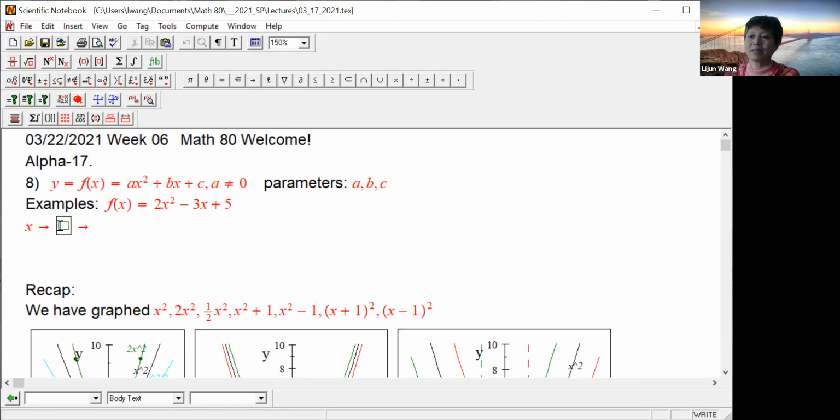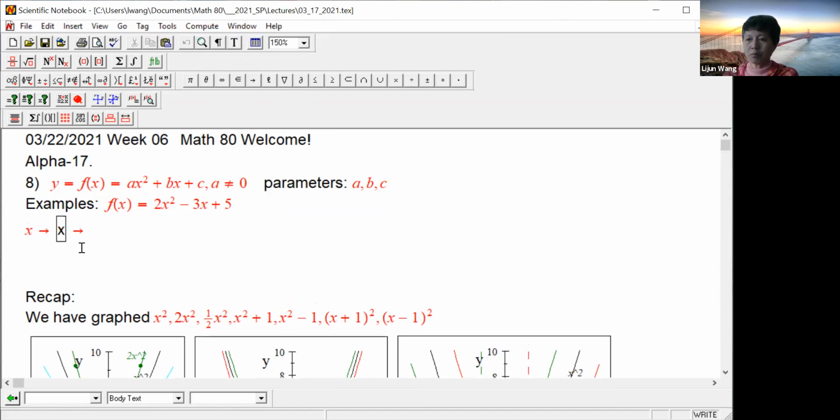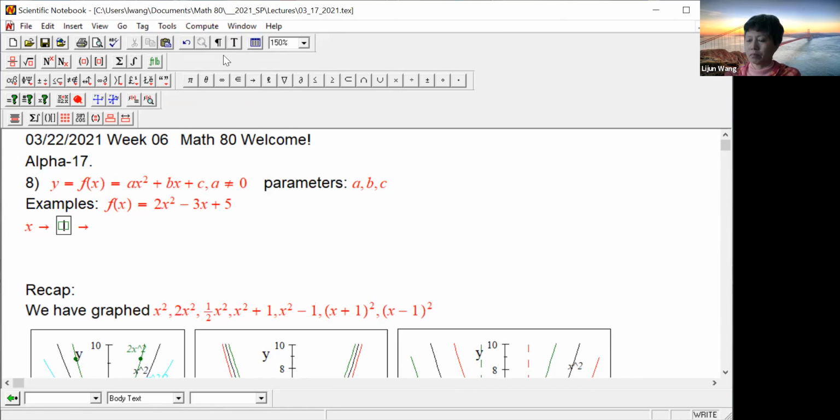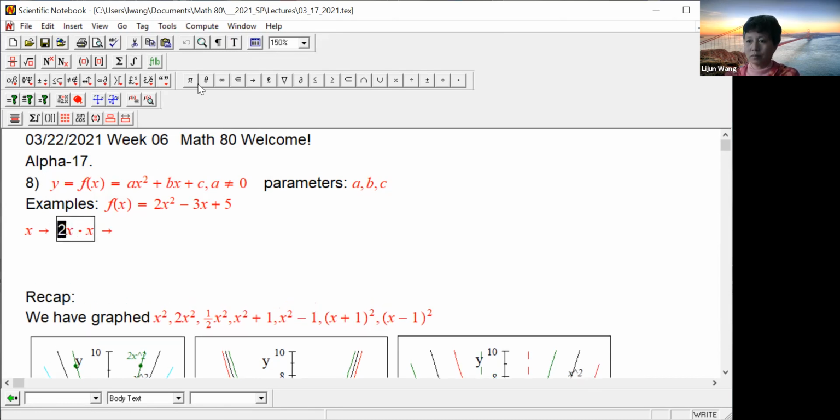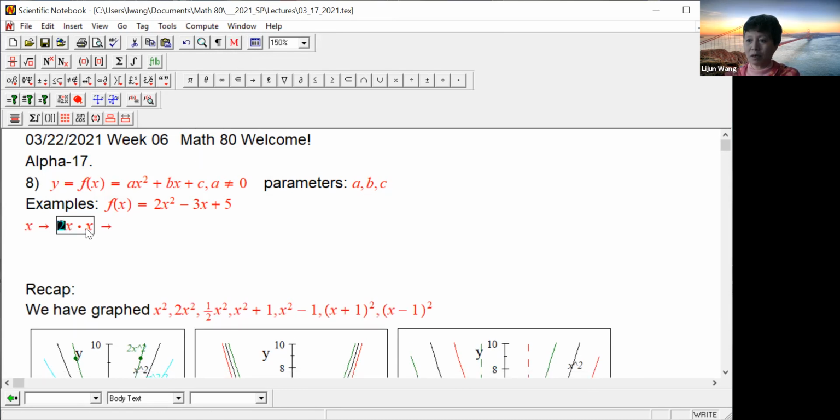This rule basically says, you give me an input. Here's the rule: I'm going to take that input and multiply it by itself, and then multiply by 2. A number times itself, of course x times x is x squared.